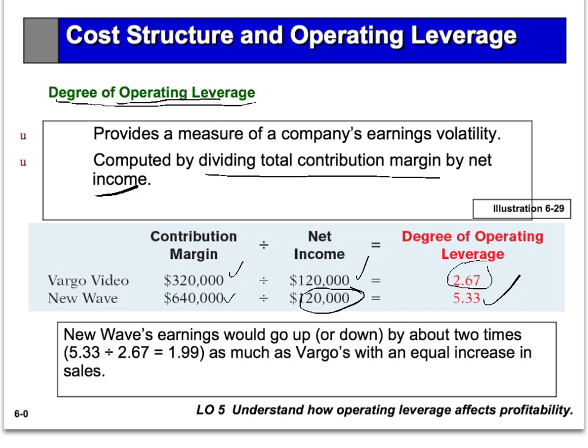So you see, New Wave's earnings will go up twice as much. For every dollar, it'll go up twice because their degree of operating leverage is twice the degree of Vargo's operating leverage. Now that's what you will be responsible for in this part of this chapter. Understanding what operating leverage is and being able to calculate it.